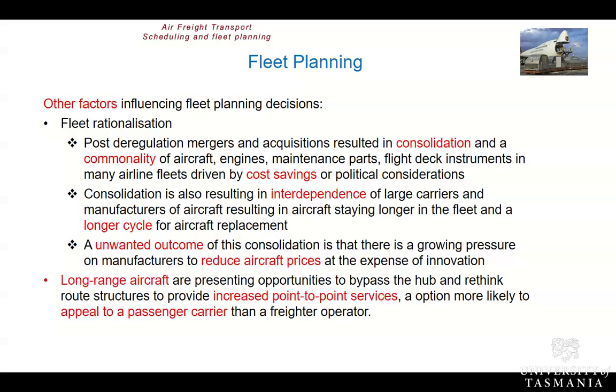My feeling is, though, that's going to be a better option for a passenger carrier than a freighter carrier, because the freighter carrier is not so focused on getting the goods to the location. Certainly speed's important, but if it can pick up some cargo along the way, that's going to work in the cargo carrier's favour.